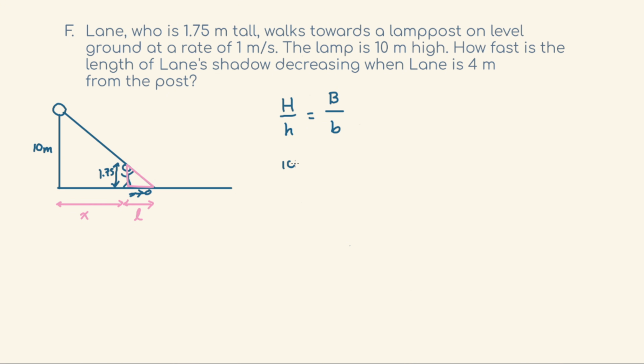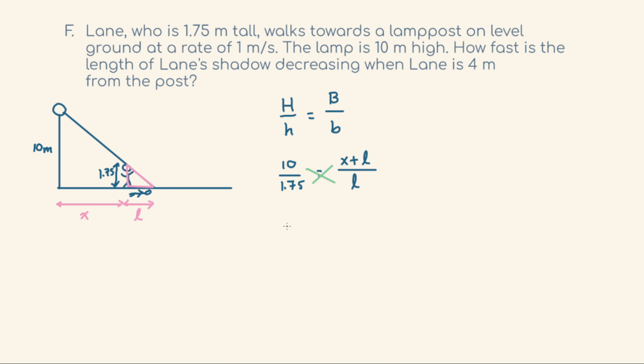Now we know the height of the big triangle. That's just 10. And we know the height of the small triangle. That's 1.75. The base of the big triangle is x plus L, and the base of the small triangle is just L. Now we can cross multiply here.